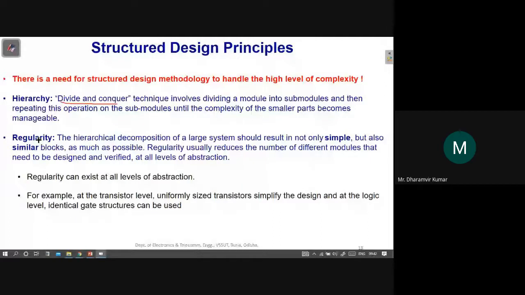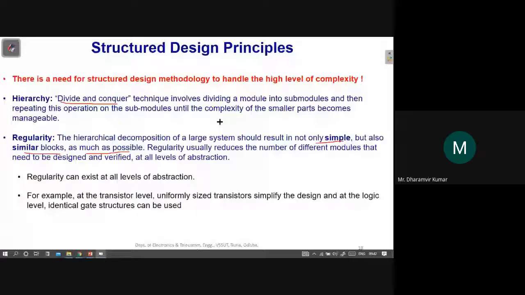So in general, regularity means that the hierarchical decomposition of the large system should result not only in simple, but also in similar blocks as much as possible.